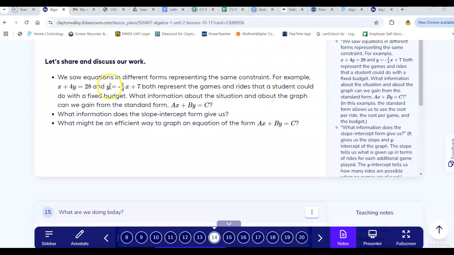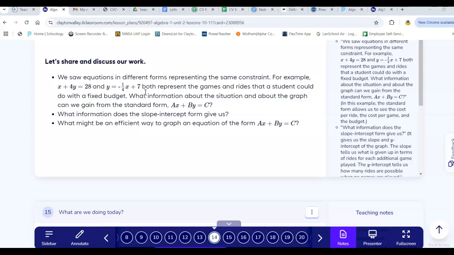We had x plus 4y equals 28, and this is what they're giving you now for this situation, and negative 1/4 x plus 7 both represent the games and rides that a student can go on with a fixed budget.